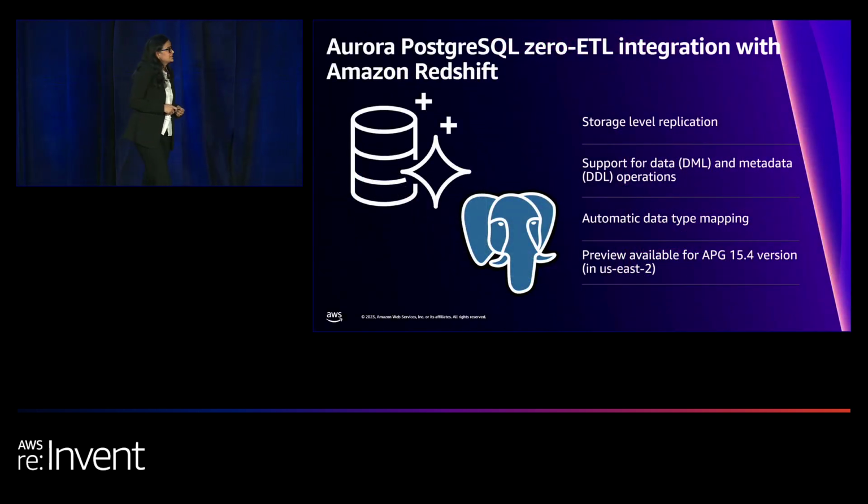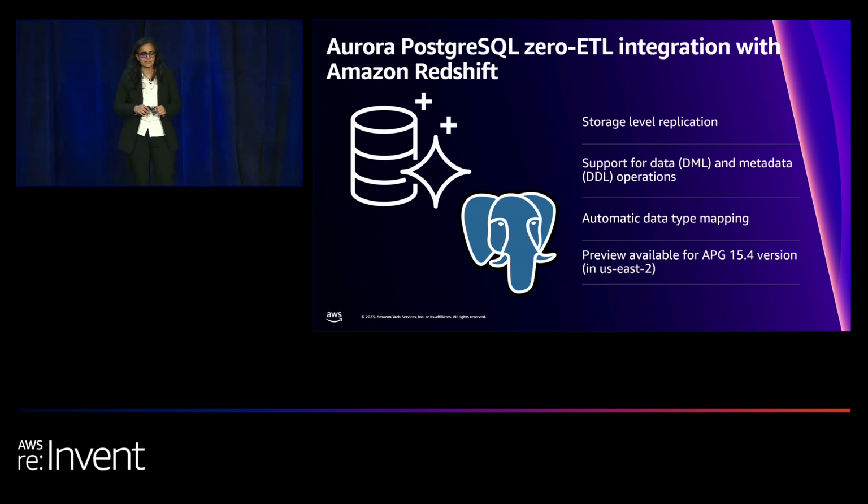And the PostgreSQL zero-ETL integration is also storage-level replication. So the benefits that we talked about, not impacting the production cluster, are applicable here as well. We support DML, which is insert, update, and delete operations, as well as metadata operations, which is adding new tables, removing tables, adding columns.